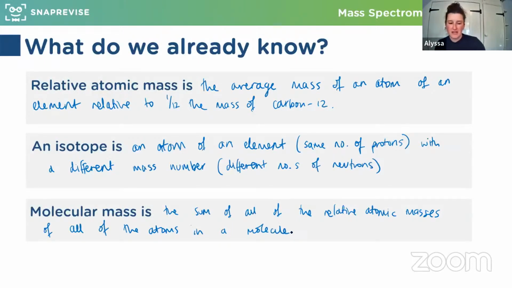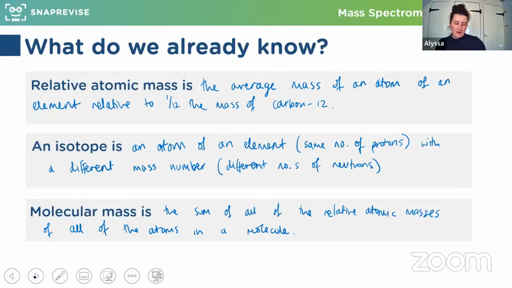I think my screen just went blank there, but hopefully it's back again. In a molecule. Lovely. So specifically, it's the mass of a molecule, one molecule of something. Compared to relative atomic mass, which is just the mass of one atom, the average mass of one atom, taking into account all of the isotopes.